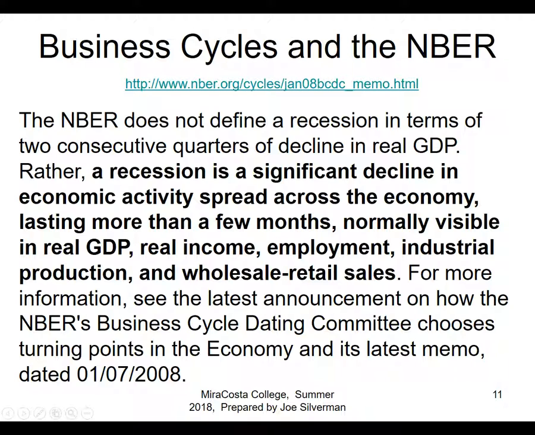According to them, a recession is not defined as 2 consecutive quarters of decline in real GDP. Rather, a recession is a significant decline in economic activity spread across the economy, lasting more than a few months, normally visible in real GDP, real income, employment, industrial production, and wholesale retail sales. I just want you to be aware of that because that could be a question on an exam.